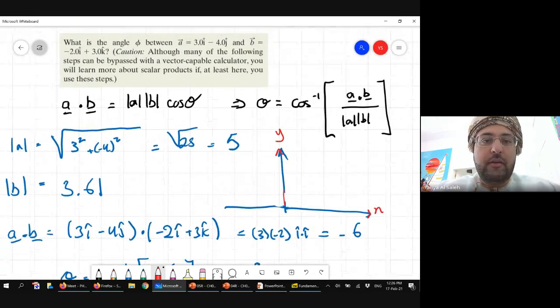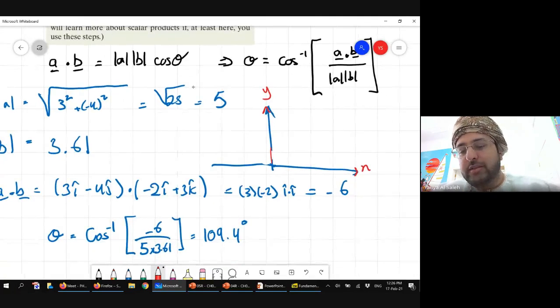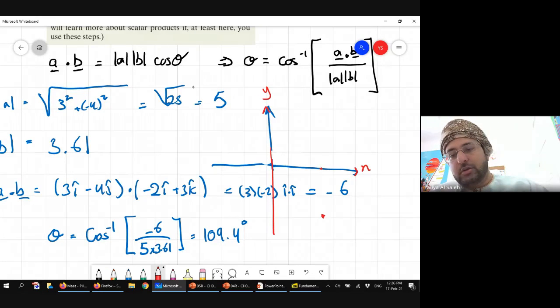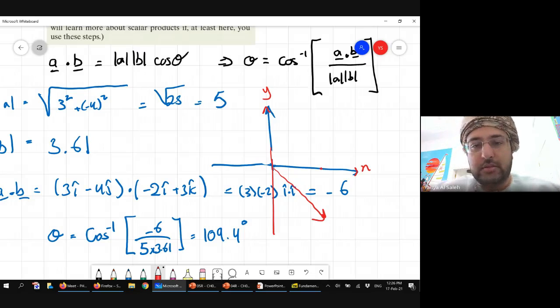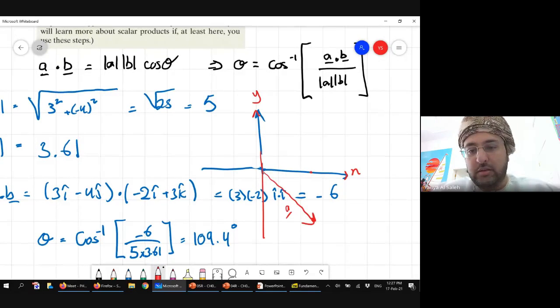My vector A is 3 in the i direction and minus 4 in the j direction. So it will be this. This will be A. And then vector B is minus 2i plus 3k, so it will be somewhere here and then coming out of the page.